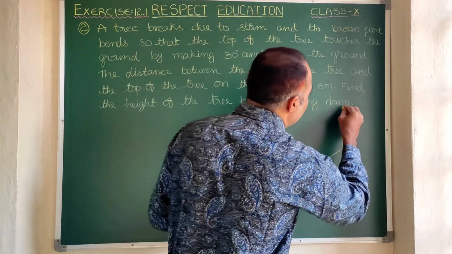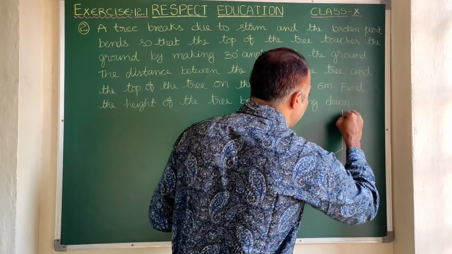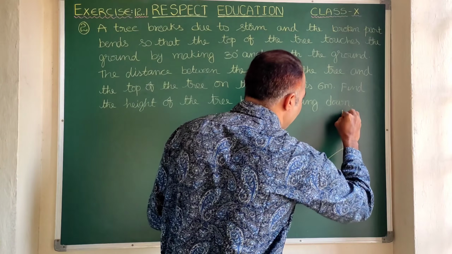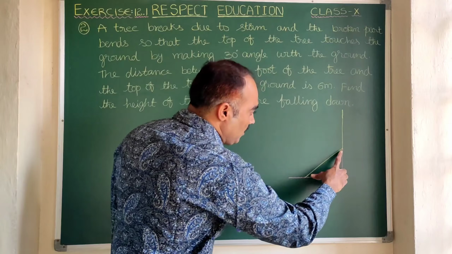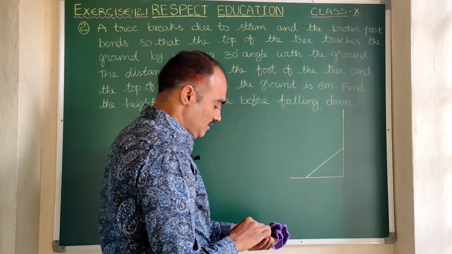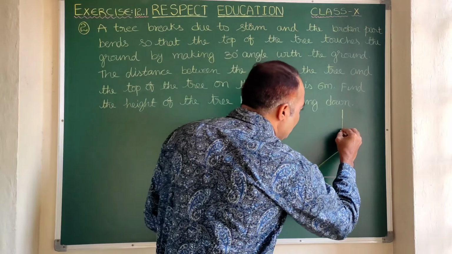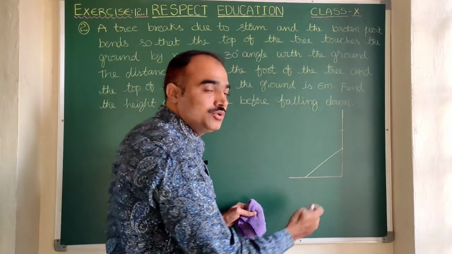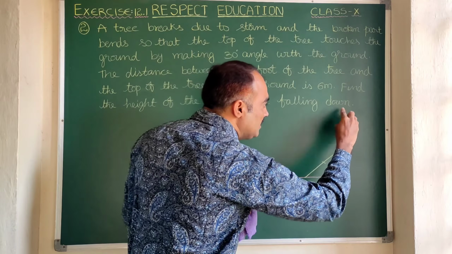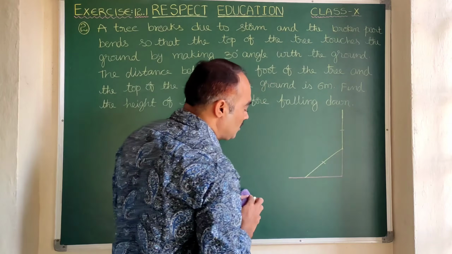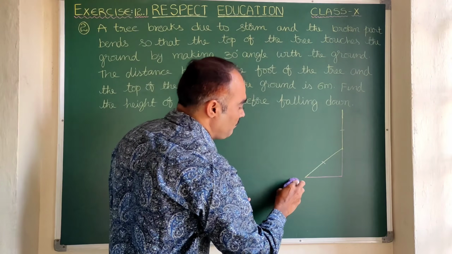It has become so long, right? Now you see, this part and this part both are equal. So this part of the tree, due to storm, fell down on the earth. So the length of this part and this part both are equal.